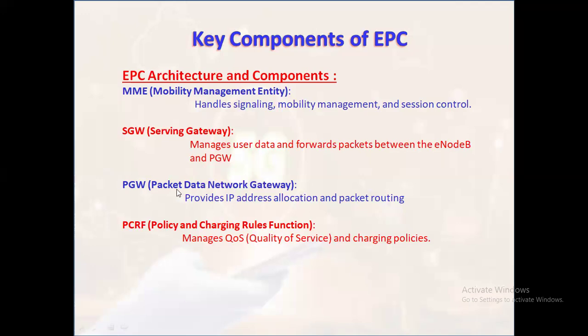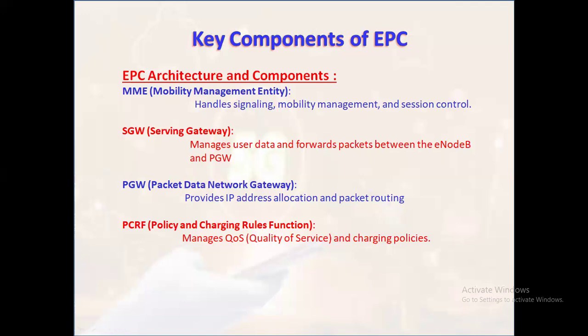The next key component is the PGW, Packet Data Network Gateway. The Packet Data Network Gateway PGW is responsible for providing IP address allocation, managing packet routing, and connecting the mobile users to external networks such as the internet.